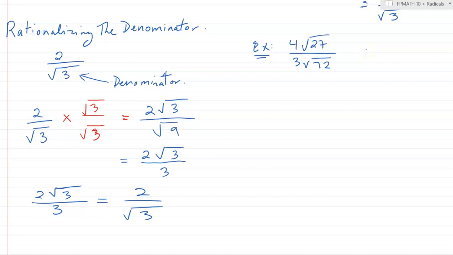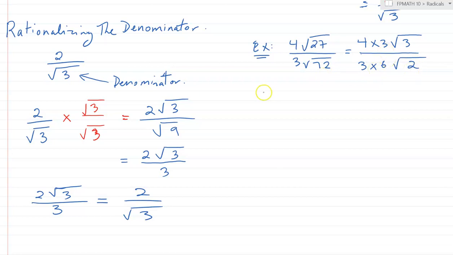I just showed it as a note so that you don't do that blindly. So let's simplify each of these first. 27 has a perfect square factor 9, so that would be 4 times 3 root 3, because 9 times 3 is 27, so 9 comes out, that becomes 3, and 3 is outside. 72 has 36 as a perfect square, so that would be 6 root 2, because 36 times 2 is 72.